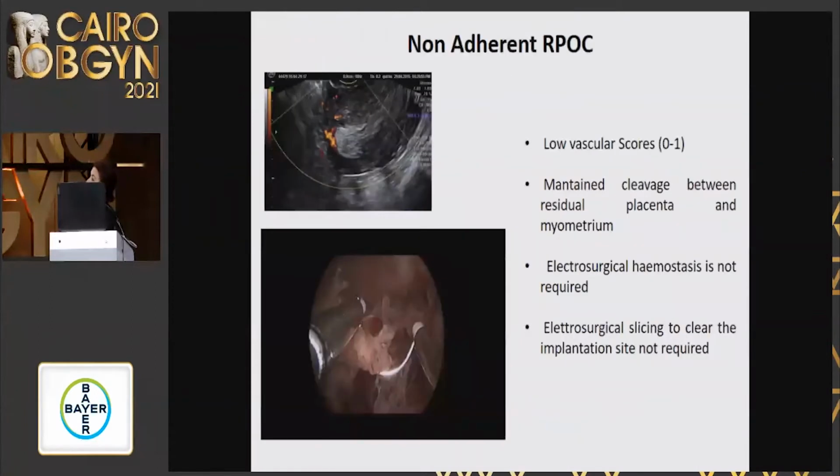In a non-adherent retained product of conception, with a low vascular score, we can have maintained cleavage between residual placenta and myometrium. So we can use the loop without electrosurgery, and electrosurgical hemostasis is not required. Electrosurgical slicing to clear the implantation site is not required.